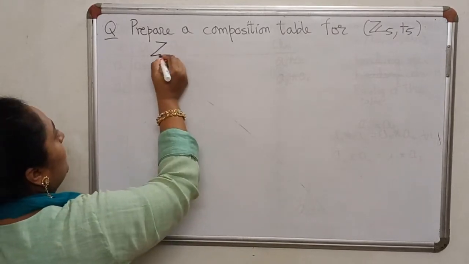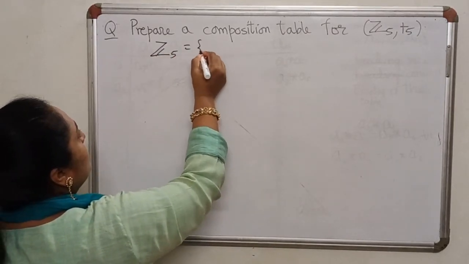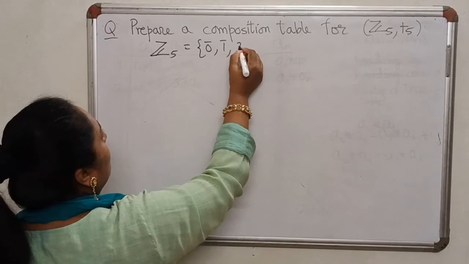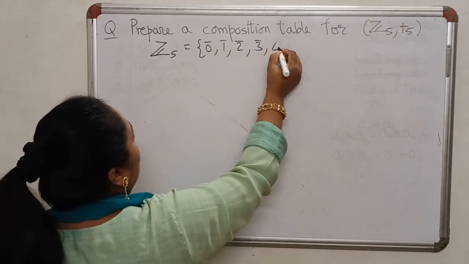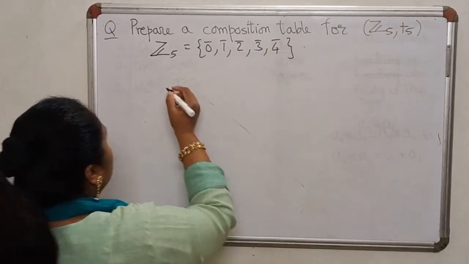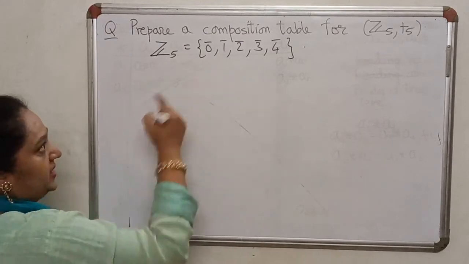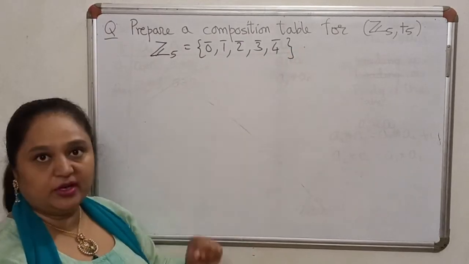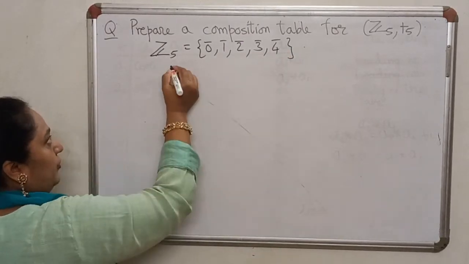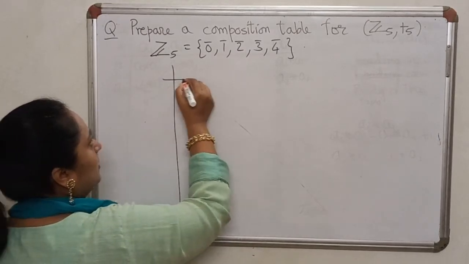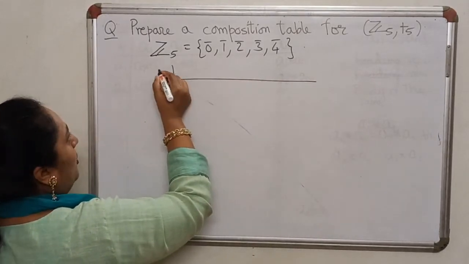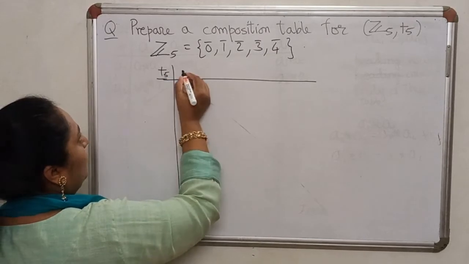Z5 is equal to {0 bar, 1 bar, 2 bar, 3 bar, 4 bar}, and this is my set. The operation given on it is addition modulo 5. So let me construct a composition table for it.